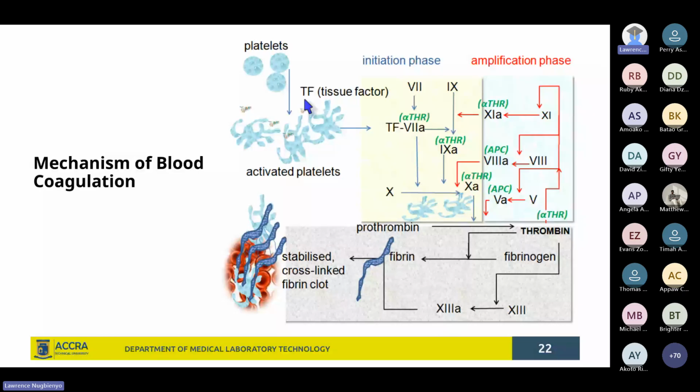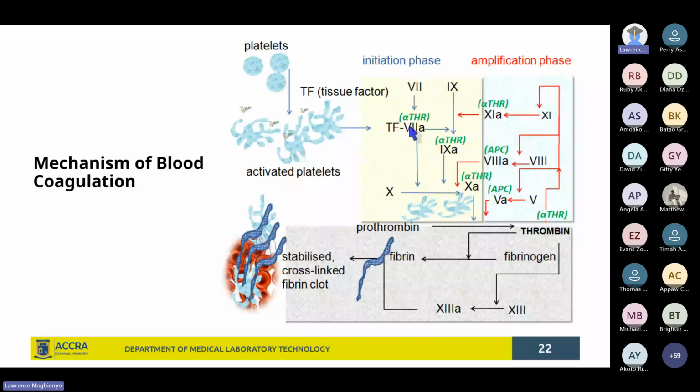And you see the platelets when activated. So these are platelets, and these two just show activated platelets. And these activated platelets go further to activate several factors. So these are proteins that they are activating.